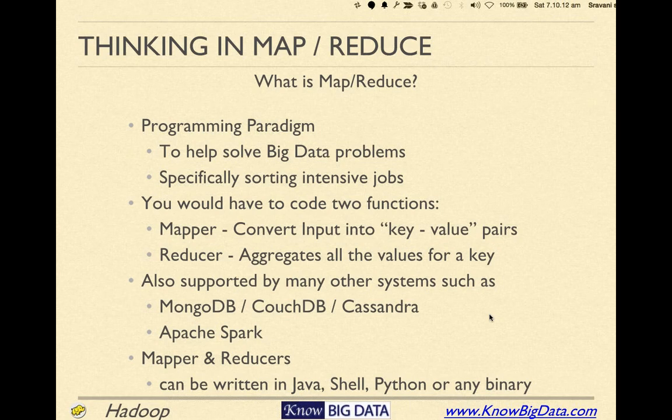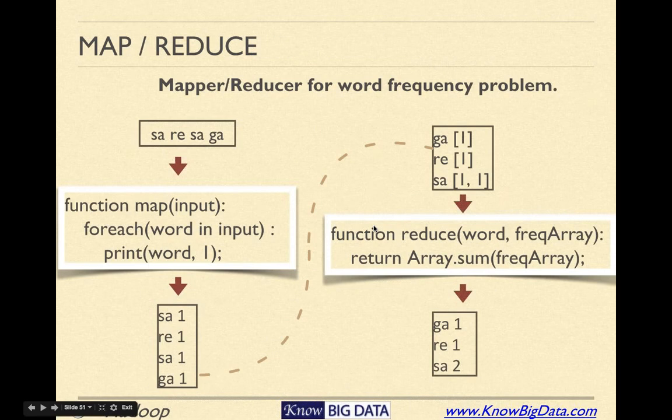It's not exactly like the MapReduce we are discussing, but it does have the same functions with a slightly different name. Mapper and reducers can be written in Java, Shell, Python, or any binary you can use as MapReduce. All right, so this is like a theoretical overview. Let's get into the details.